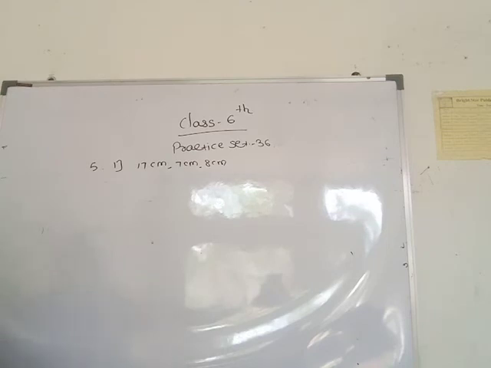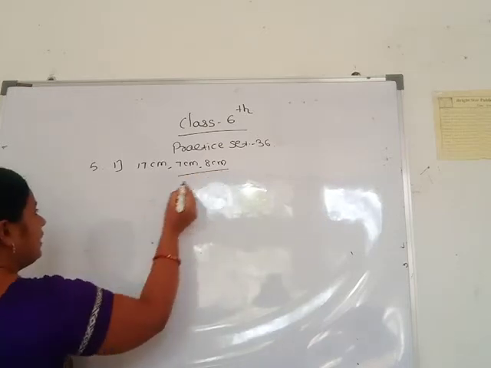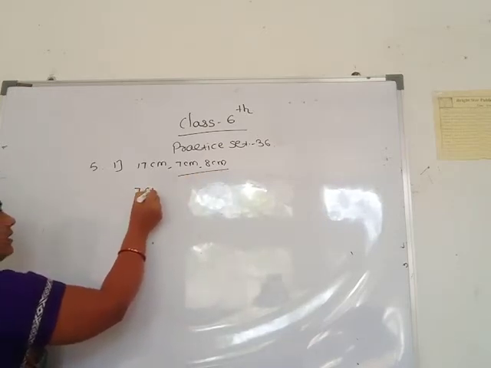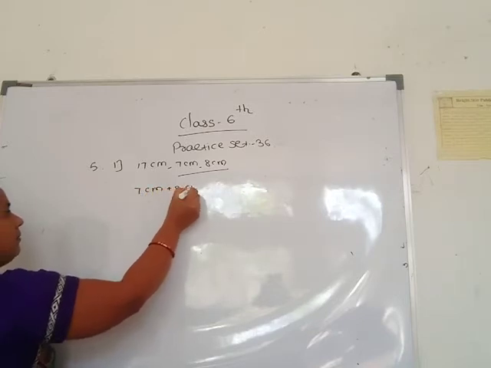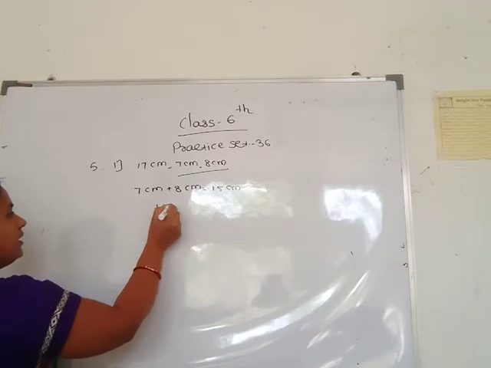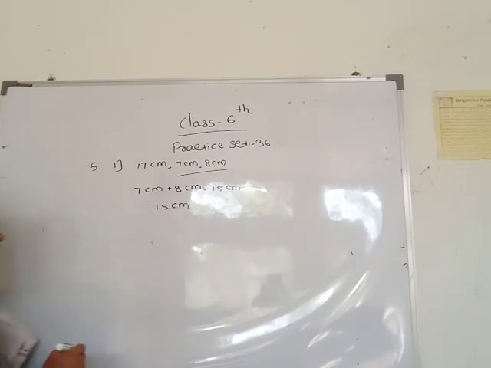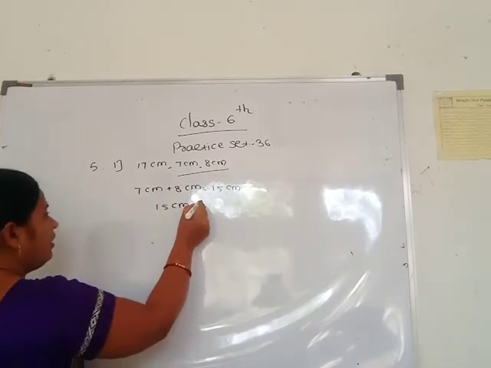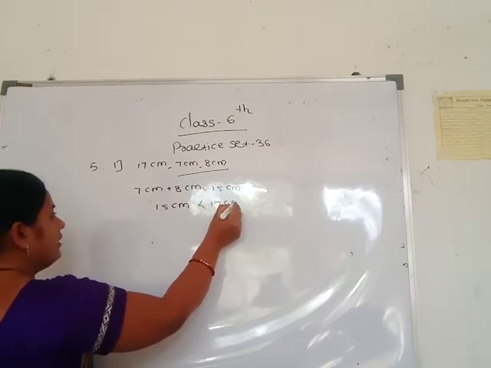First do the addition of the two shorter lengths: 7 cm plus 8 cm is equal to 15 cm. Then 15 cm is less than 17 cm.